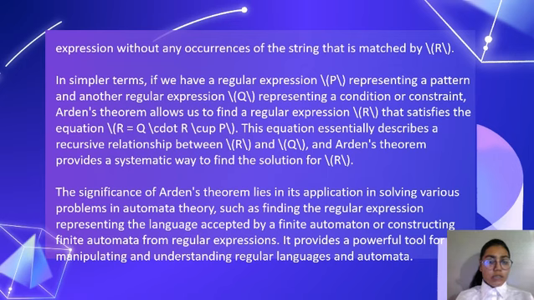In simpler terms, if we have a regular expression R representing a pattern and another regular expression Q representing a condition or constant, Arden's theorem allows us to find the regular expression that satisfies the equation, which describes a recursive relationship between R and Q. Arden's theorem provides a systematic way to find the solution for R. The significance of Arden's theorem lies in its application in solving various problems in automata theory, such as finding the regular expression representing the language accepted by a finite automaton or constructing a finite automaton from a regular expression.